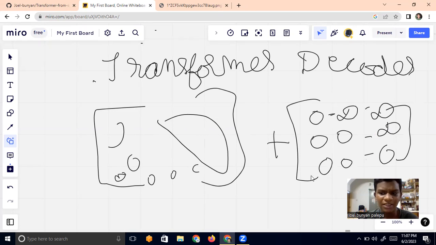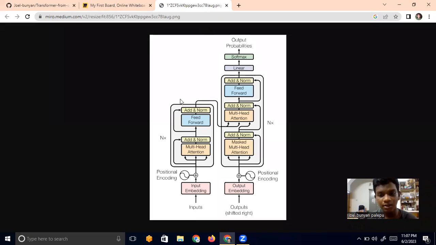Yeah, minus infinity. And then when we run the softmax function, all these minus infinities will be turned into zeros. So we'll be able to mask off these values such that the model can't cheat. That is the masked multi-head attention.